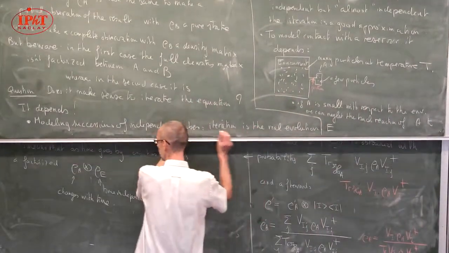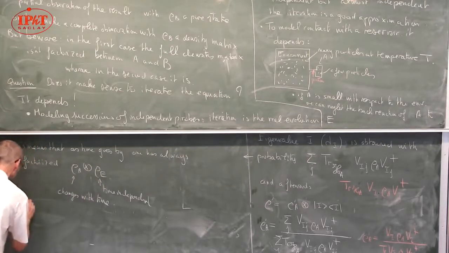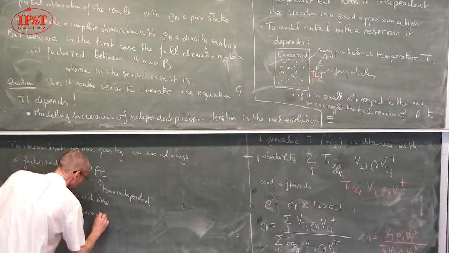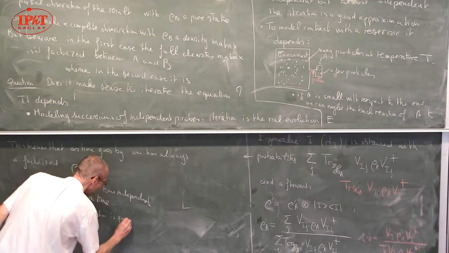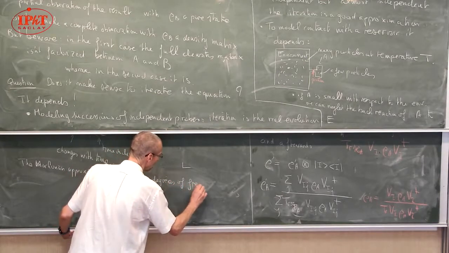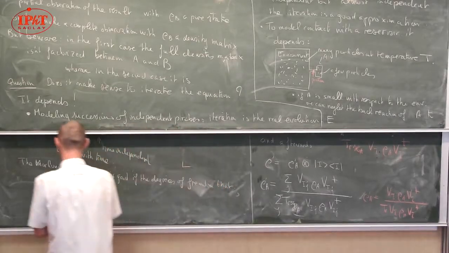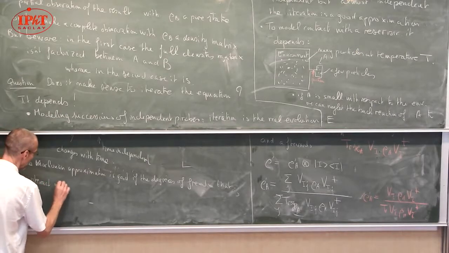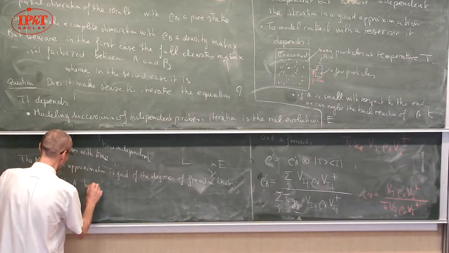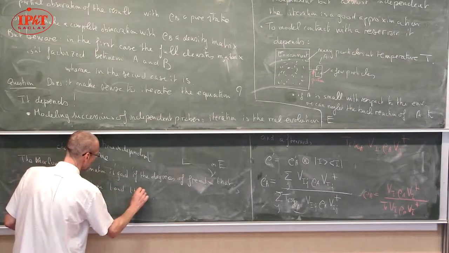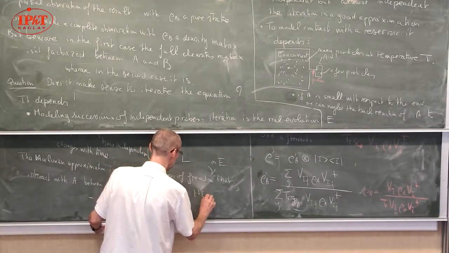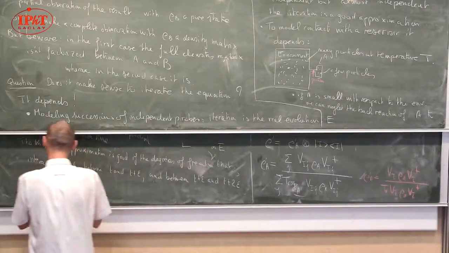And so basically, now, the Markovian approximation is good if the degrees of freedom in the environment that interact with A between T and T plus epsilon, and between T plus epsilon and T plus 2 epsilon, let's say, are essentially independent.